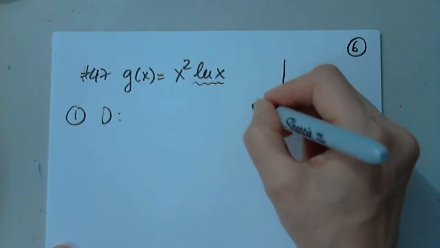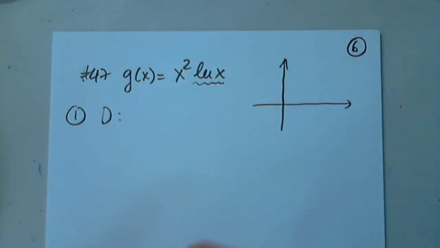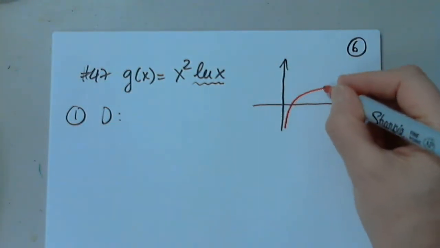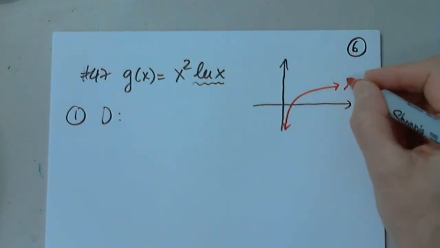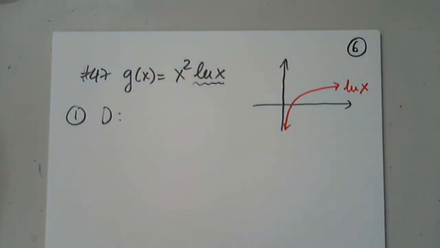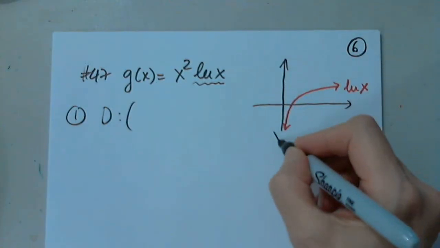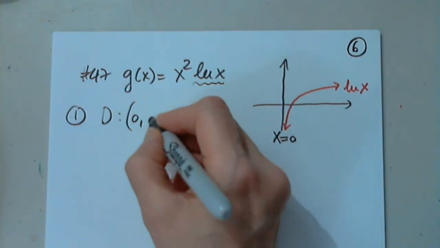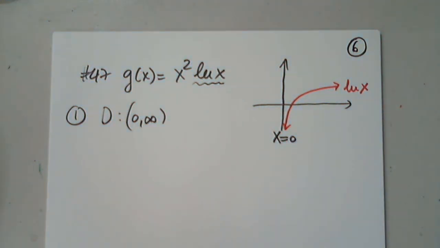Let's review the graph of natural log, please. Natural log is not a friendly function. We wish it were, but it isn't. Anyone would like to try it again? It has a vertical asymptote at 0, so the domain is 0 to infinity with open parentheses.